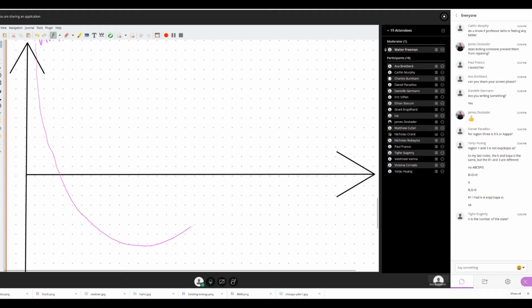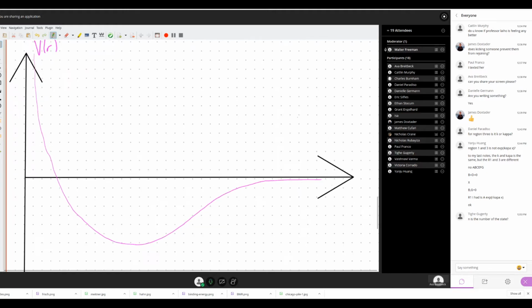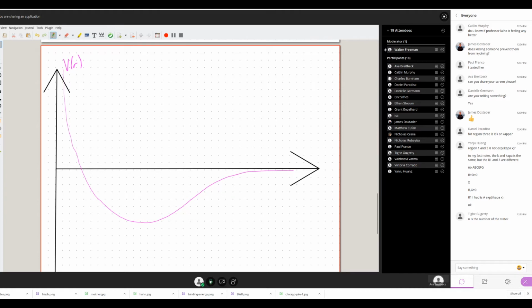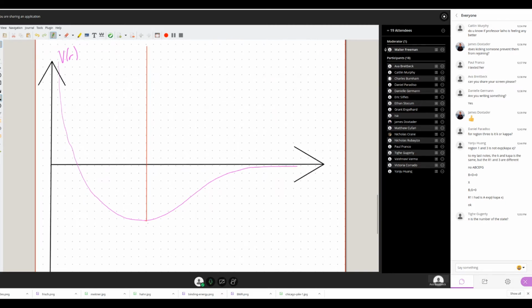It goes down and then up. And this minimum here, this is the most likely distance between the atoms in the molecule, right?